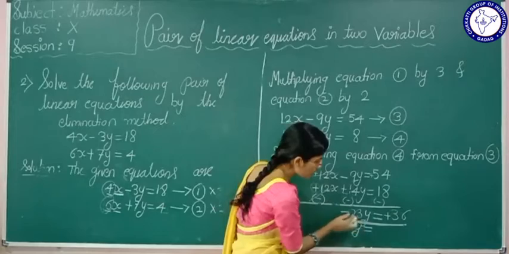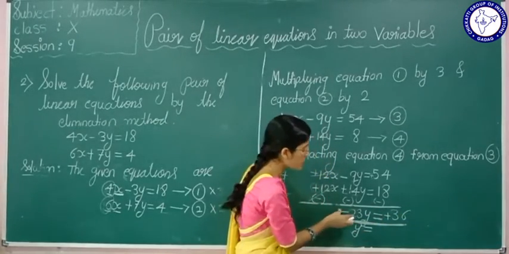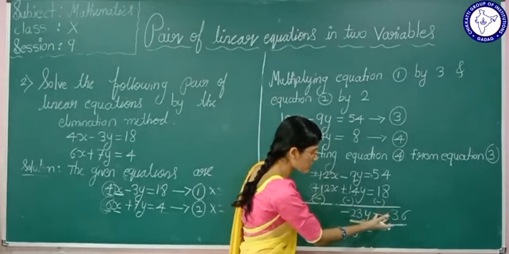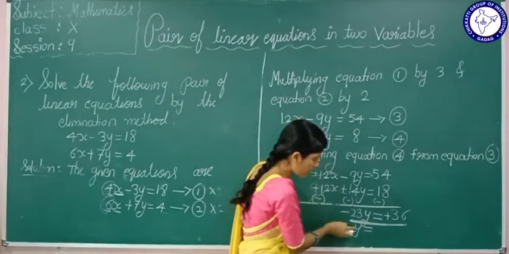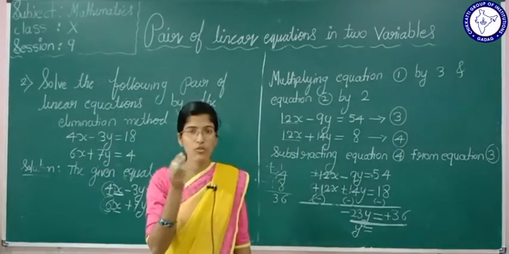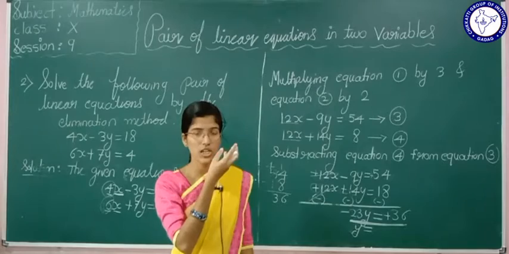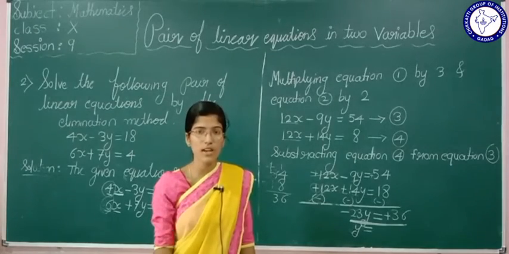Now you know how to solve this equation, yes or no? Definitely we can find the value of y here. When you get the value of y, you substitute in any one of the original equations and you will get the value of x.